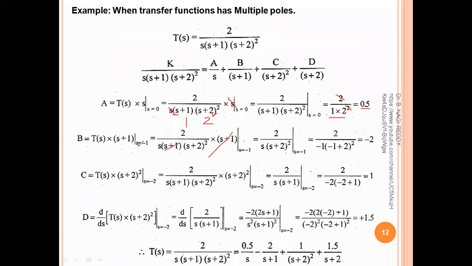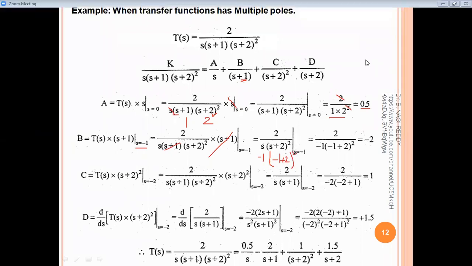So for this, what do we substitute? We substitute s as minus 1 because here the pole is minus 1. So if we substitute s as minus 1, we will get a minus 1 here, and here minus 1 plus 2 whole square.